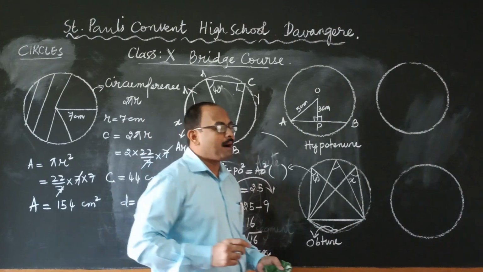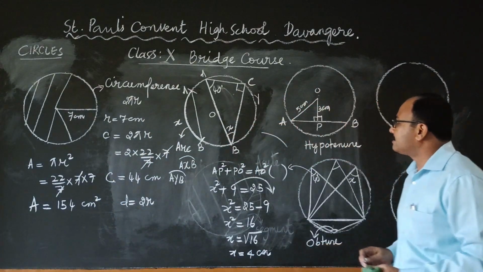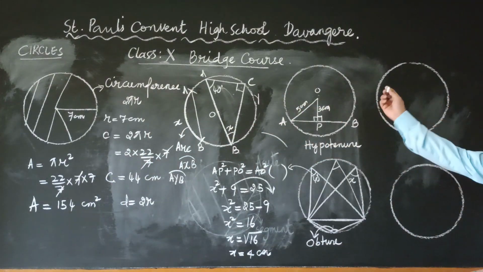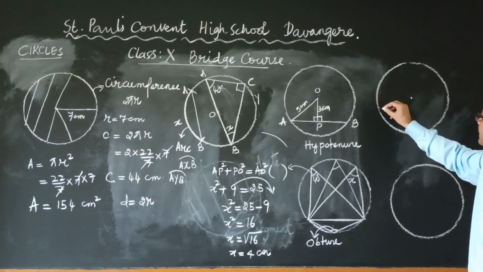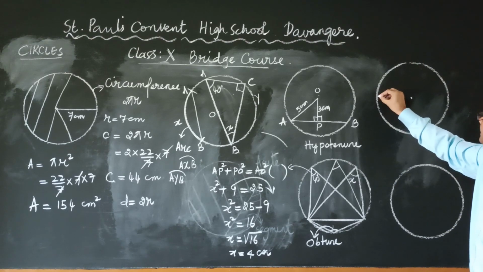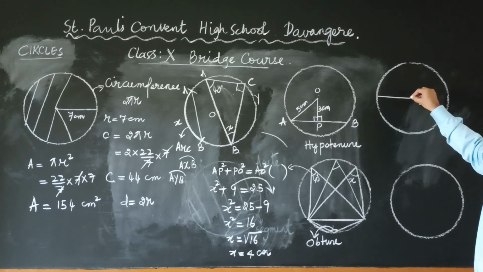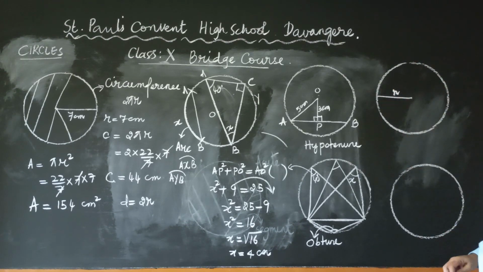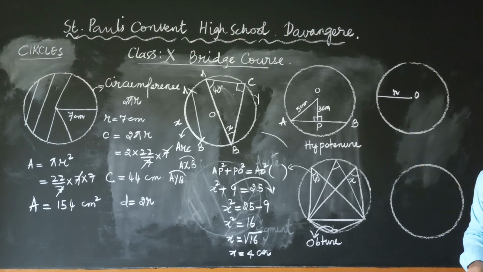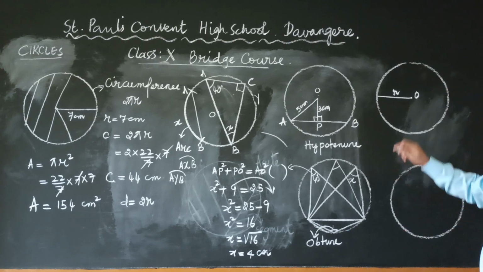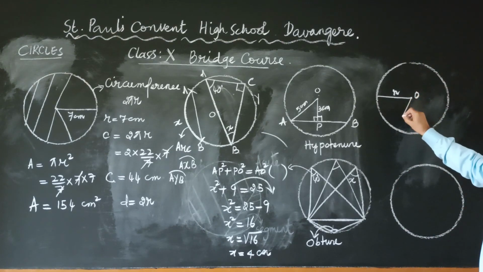The last part of this triangle, this circle, children. See, this is the radius, children. This is the center of the circle. Let me draw one more radius over here, children.